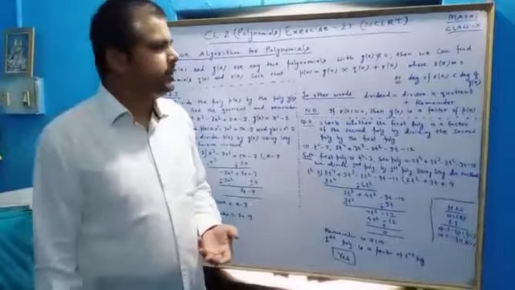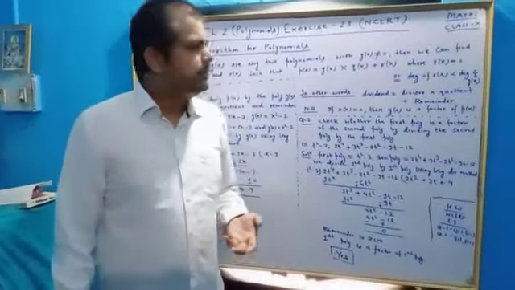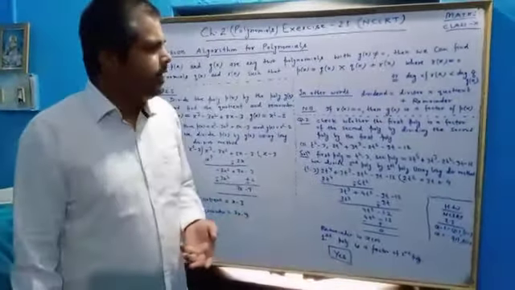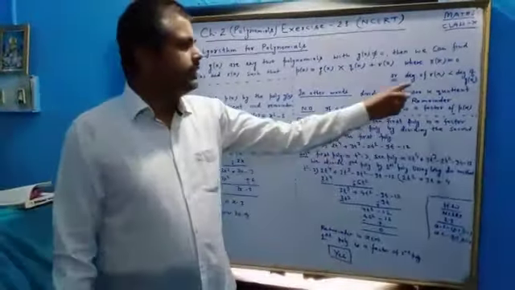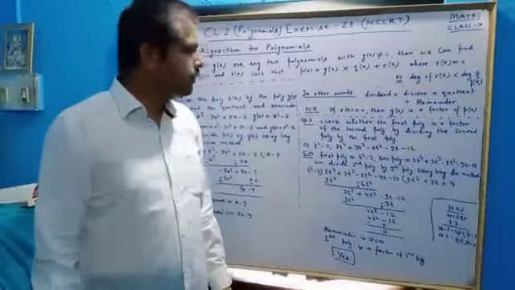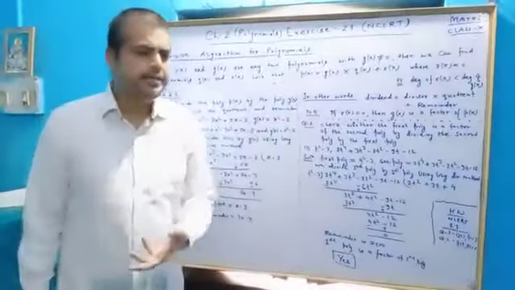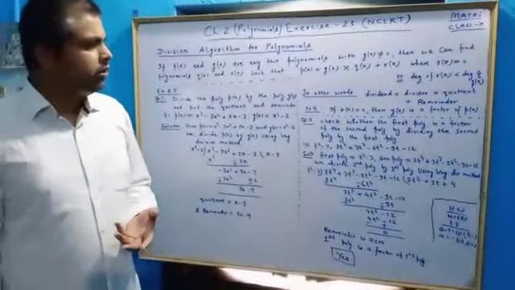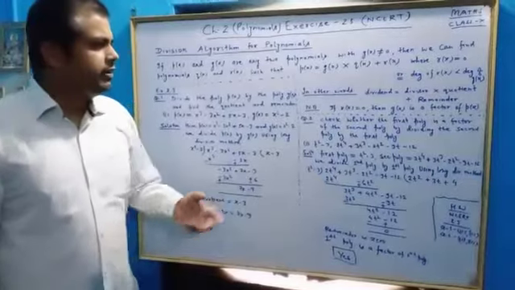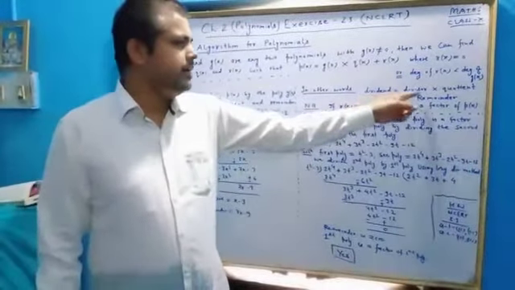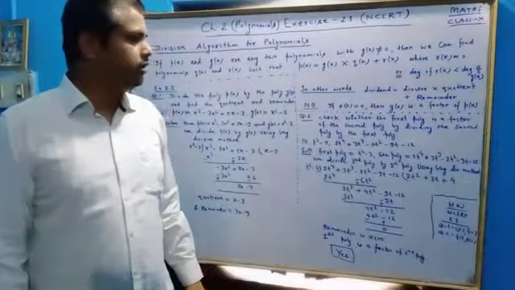In the first case, remainder is equal to 0, and in the second case, degree of remainder is less than degree of divisor. So same as Euclid's division lemma, here we can write dividend is equal to divisor into quotient plus remainder.